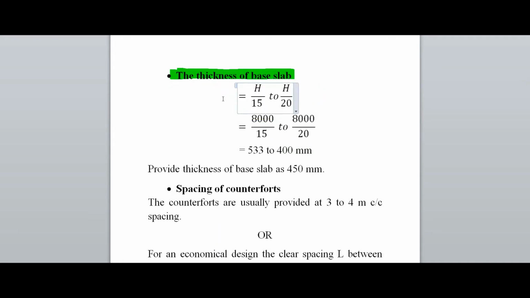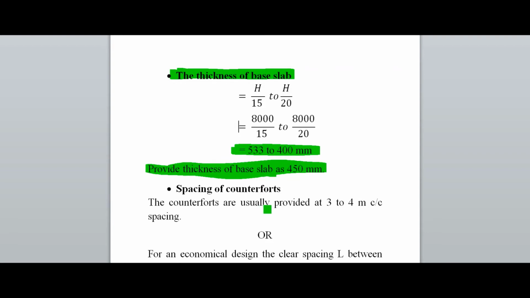So height is 8000, 8000 divided by 50 or 8000 divided by 20. By these two values, we get 5.33 to 40 mm. Provide thickness of base slab as 450 mm.